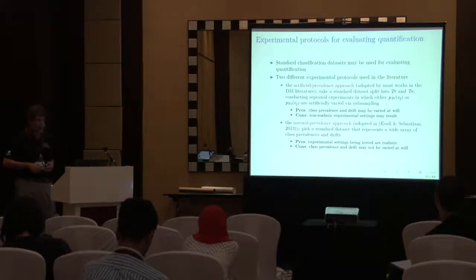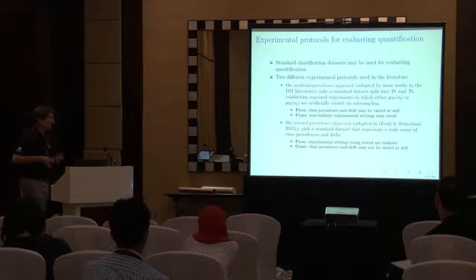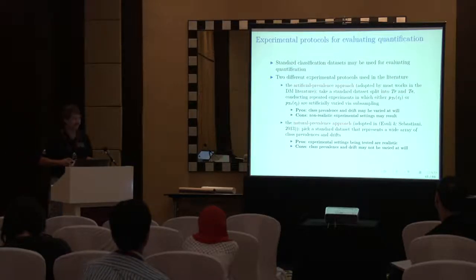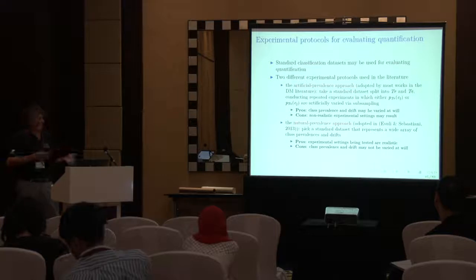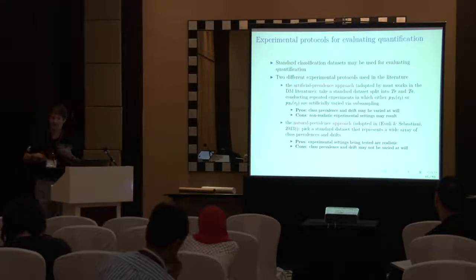So in the past, I have preferred to work according to what I would call the natural prevalence approach, in which you pick a standard dataset that naturally represents a wide array of class prevalences and a wide array of distribution drifts.